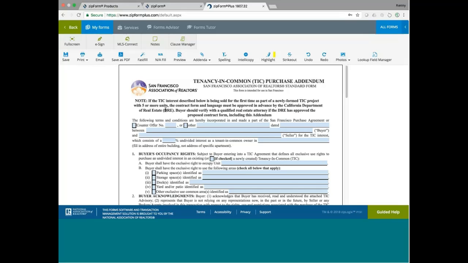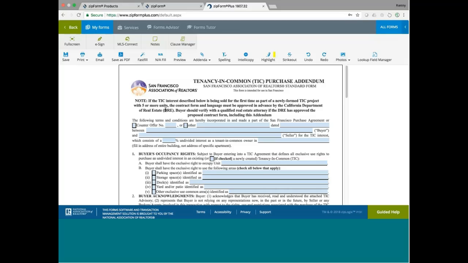We studied in our real estate salesperson license course that if we have a subdivision project that has 5 or more units, that project must be approved by the Department of Real Estate. It works the same way for TIC with 5 or more units.